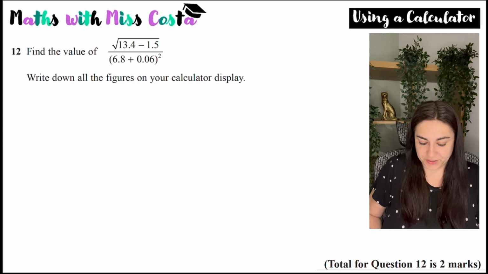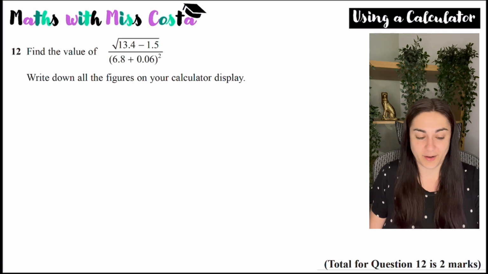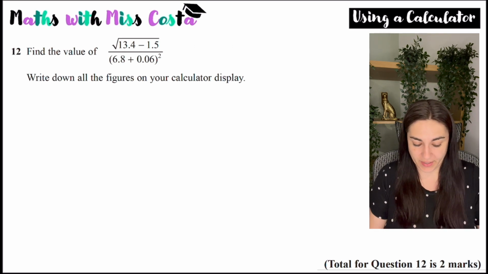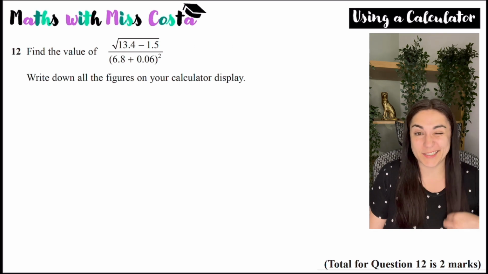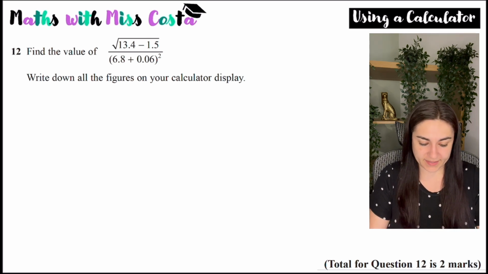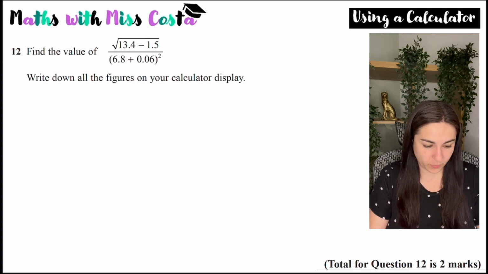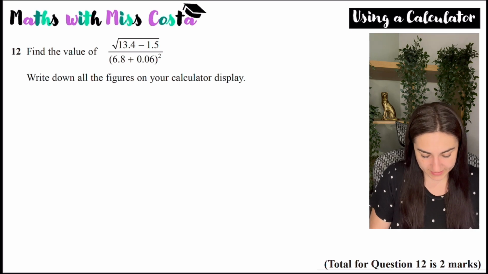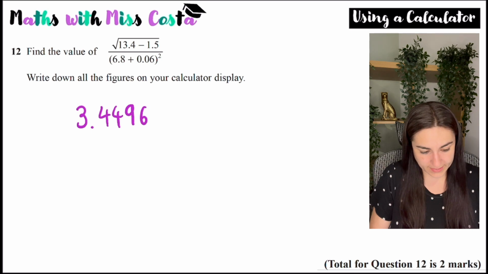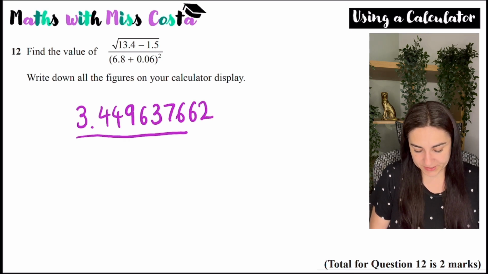Now the next question here, I need to find the value of this expression, so I type it into my calculator. We could do this bit by bit just to make sure that we don't get anything wrong. So let's work out the numerator first. I type in the square root of 13.4, take 1.5, and that gives me 3.449637662.